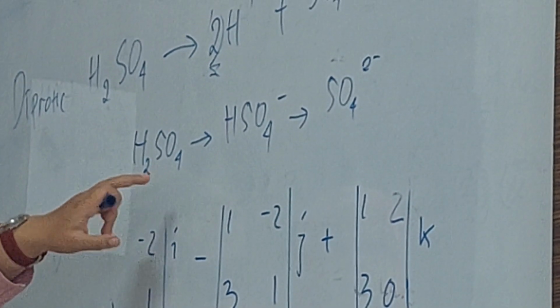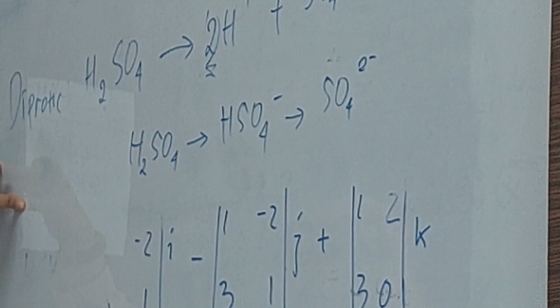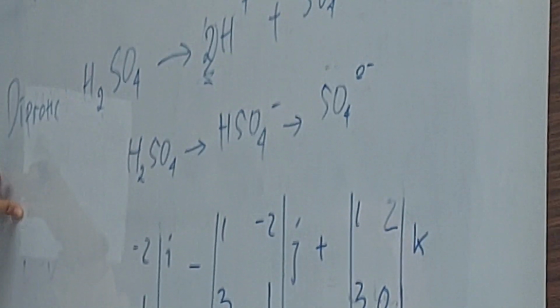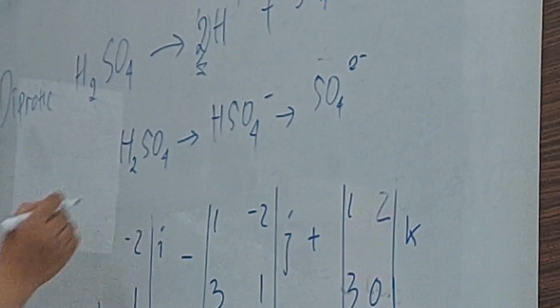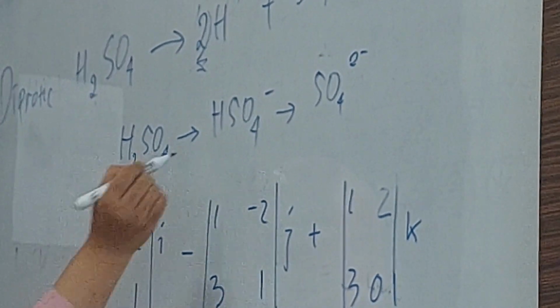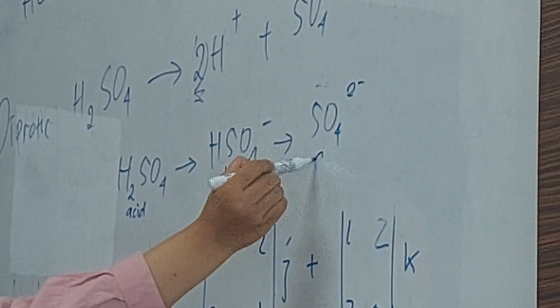H2SO4, then HSO4 minus, and then SO4 2 minus. When we say this is the acid, this is the base.